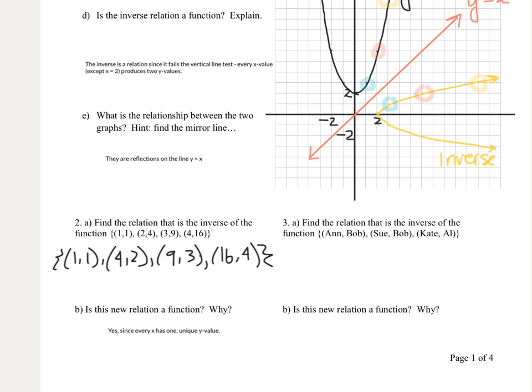And for the next example, just to drive the point home, we have Ann, Bob, Sue, Bob, Kate, Al as a function, because every sister, Ann, Sue, and Kate, has one brother, either Bob or Al.